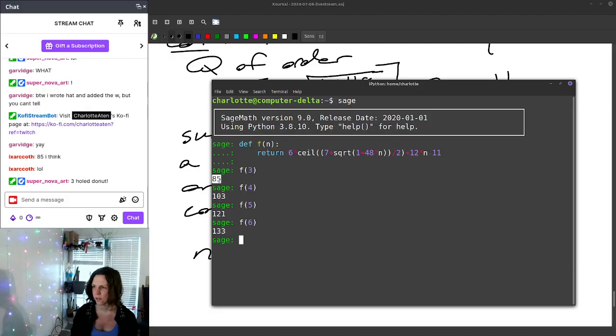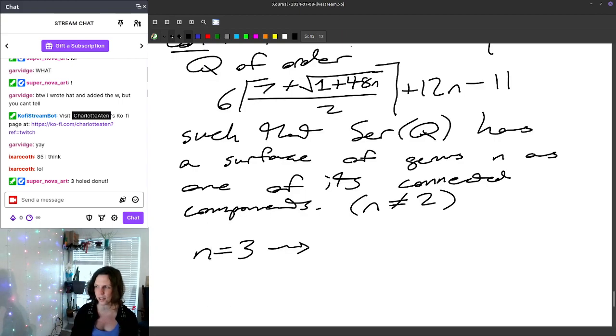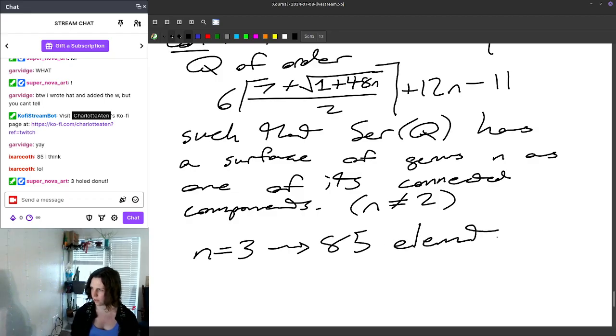I don't know what such an 85 element quasigroup actually looks like in any more detail than that it has to be compatible with such a triangulation, but I claim there is some 85 element quasigroup who, when you do this construction to it, one of the pieces that you get out is a three-hole donut.